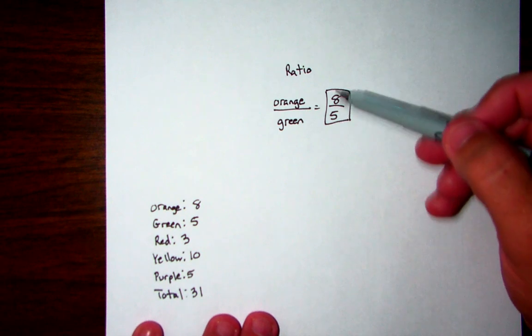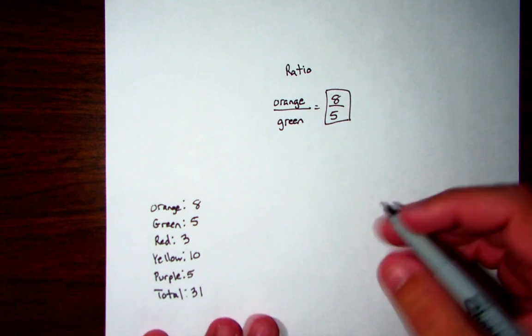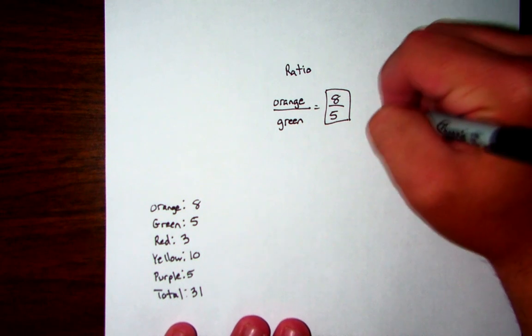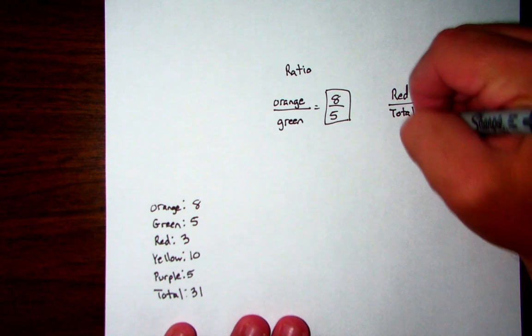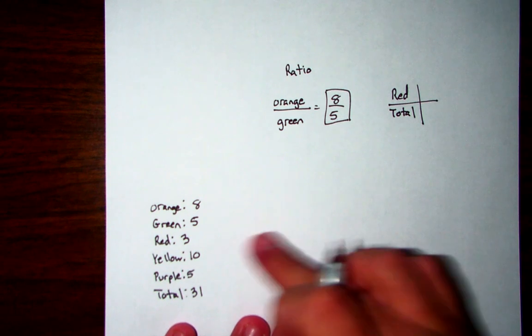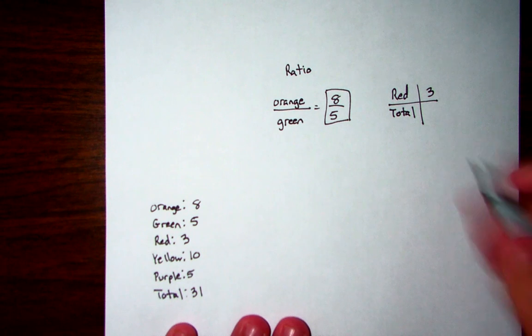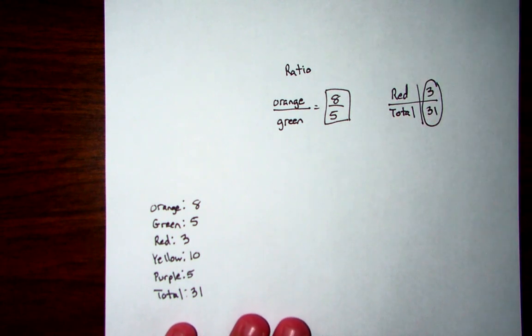You're comparing 2 or more things here. Okay, now let's do this. Let's do red to total. How many red Skittles do I have? Well, I have 3 red. How many total? 31. There's your ratio. You're done.